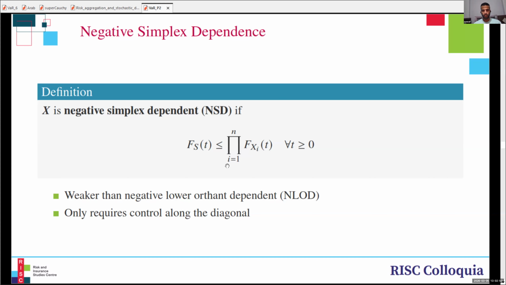So this definition is a negative dependence definition. Okay, it encompasses a lot of notions, and one of them being the counter-monotonic that we talked about, but it also covers ones that are not really strongly negative.